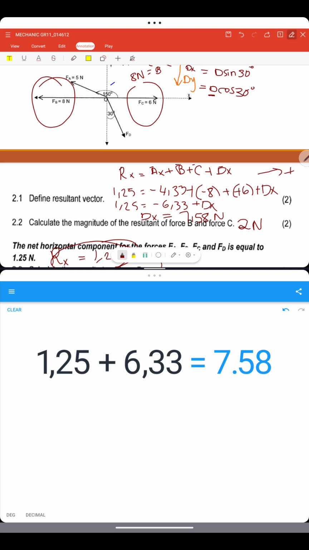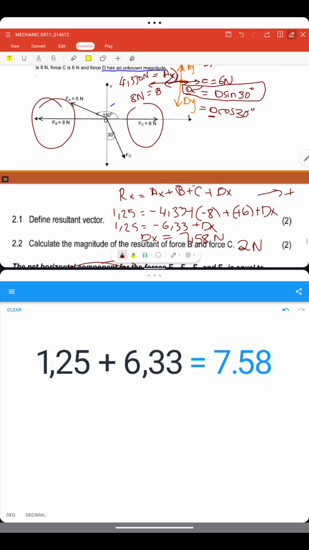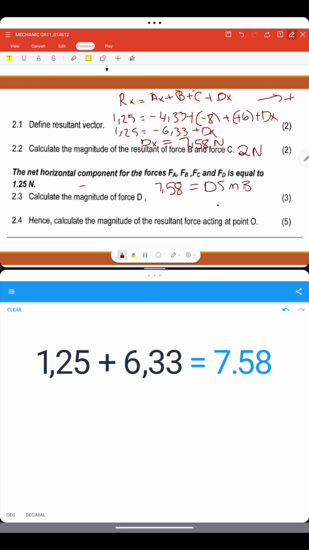So if we look at dx, there's the expression for dx. We already now know what dx is. It means we can use the expression to figure out the magnitude of d. So substituting dx into the expression, I have 7,58 equals d sine of 30.